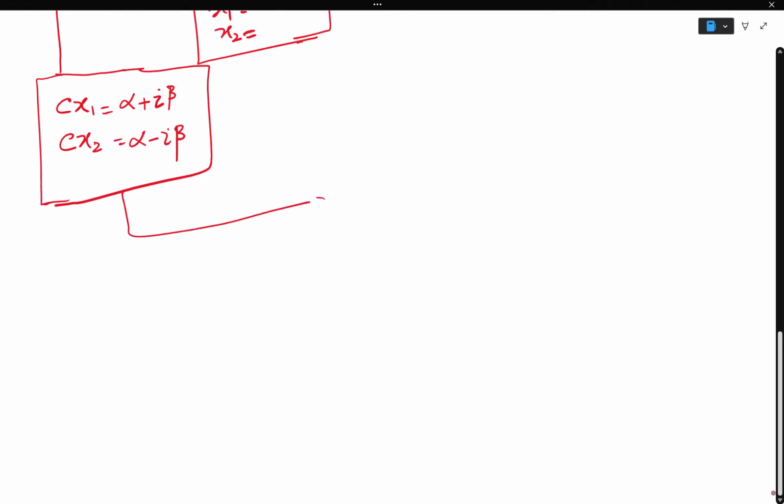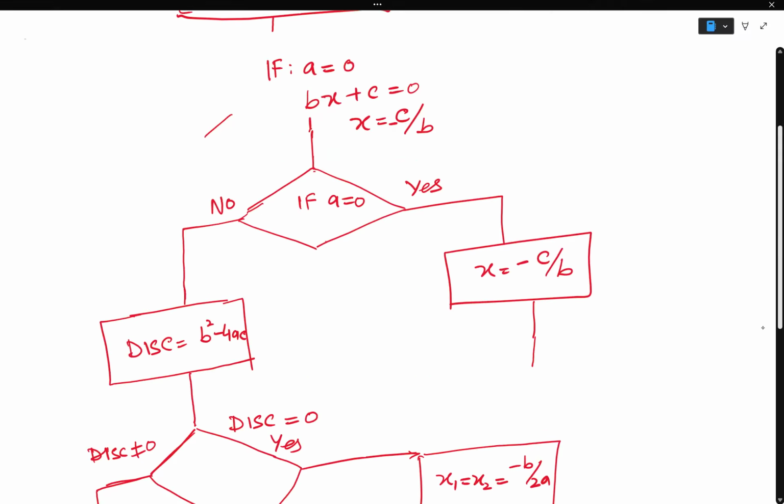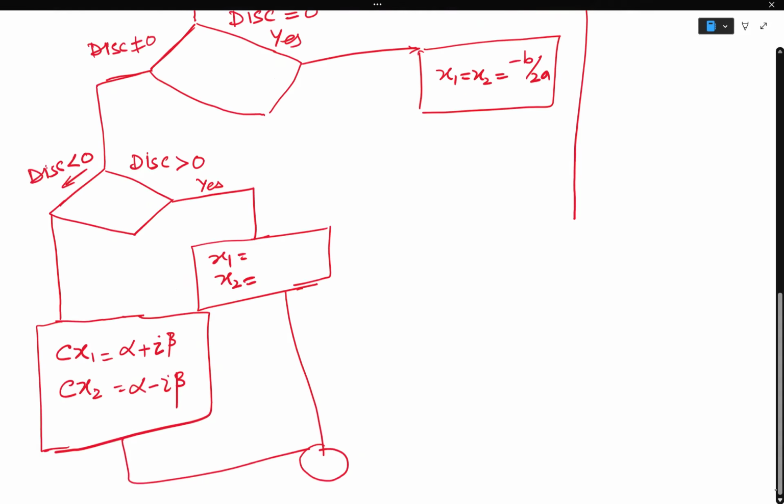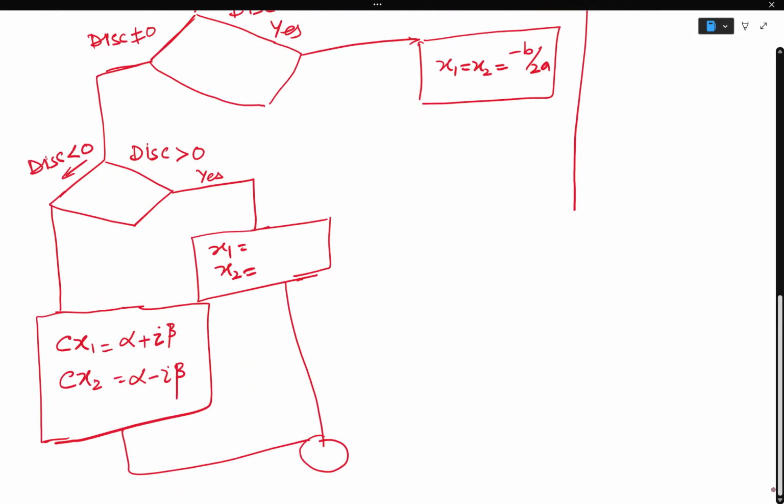After that, we will have the junction. So all three would be combined. Okay, discriminant greater than 0, yes, and it goes here, and this will also be joined over here.